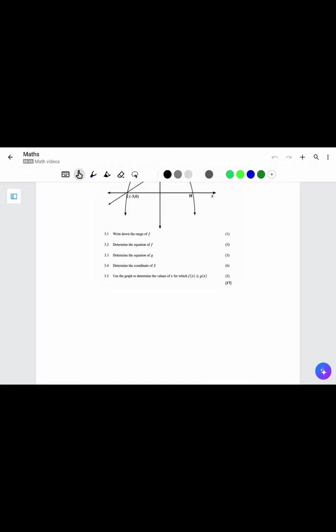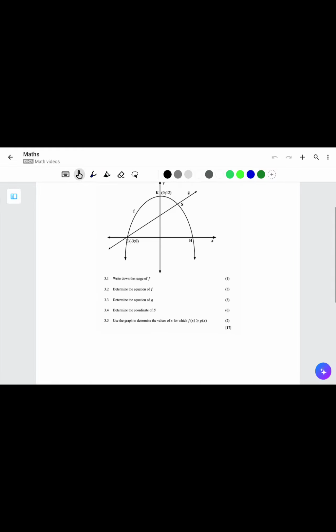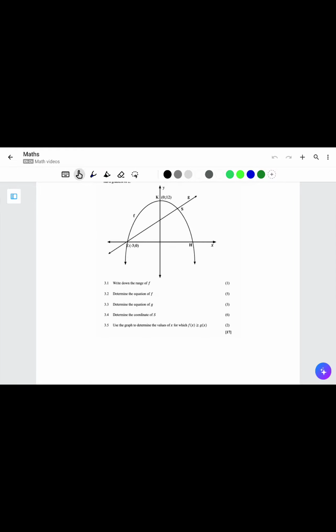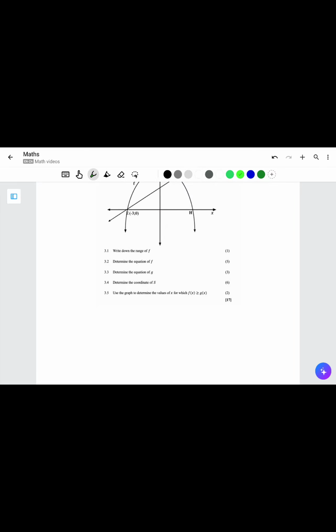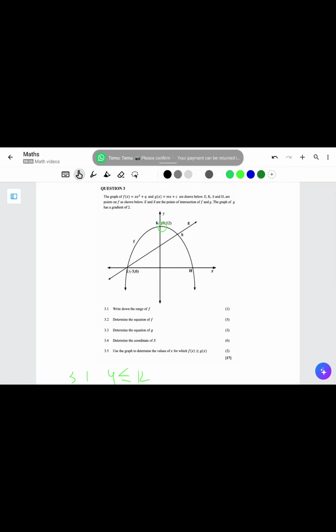The first one says that we need to write down the range of f. Okay, so we can quite clearly see that the range there would be this point here. So we know now that 3.1, y is less than or equal to 12.